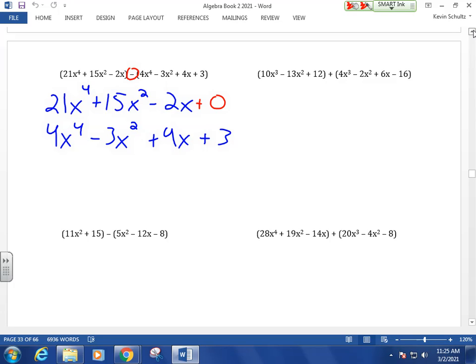Especially since we're subtracting. So 21x to the fourth minus 4x to the fourth is 17x to the fourth. 15x squared minus negative 3x squared. This is something to watch out for. We're subtracting a negative number, which our operation rules tell us is actually what?